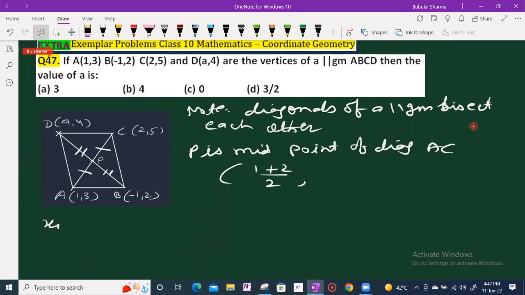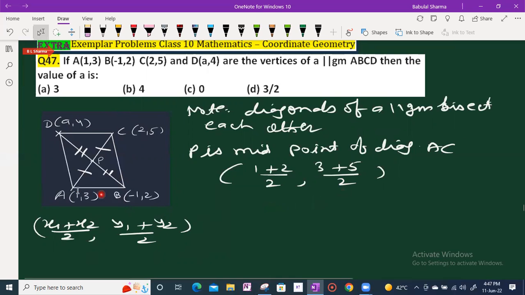The coordinates of the midpoint are given by x1 plus x2 by 2 and y1 plus y2 by 2. And the y coordinate will be (3 plus 5) by 2. See, we are taking P as the midpoint of AC, so for the x coordinate of P it is 1 plus 2 divided by 2, and for the y coordinate it is y1 plus y2 divided by 2.